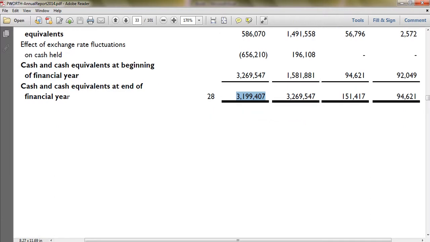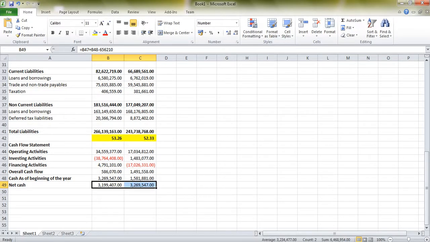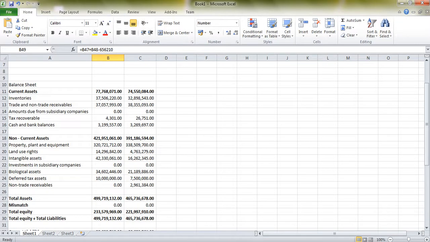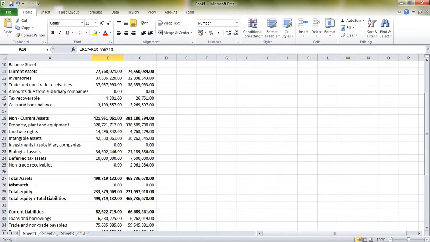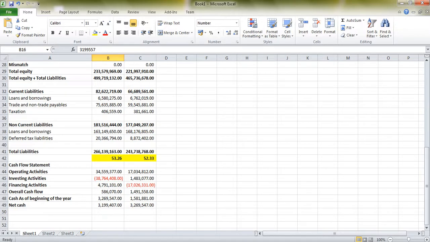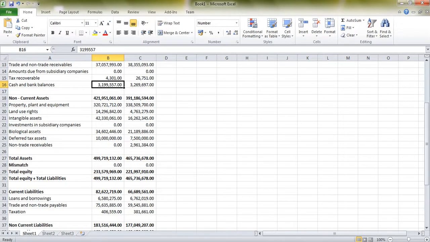Still got 3 millions on hand. You can see it here. This figure is the same as this one. There's a difference of 150 bucks. I'm not sure why it's like this. Never mind. Just have a look.